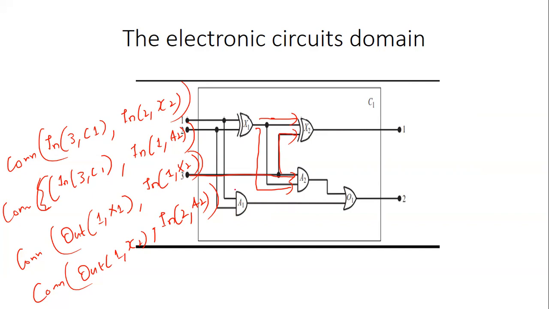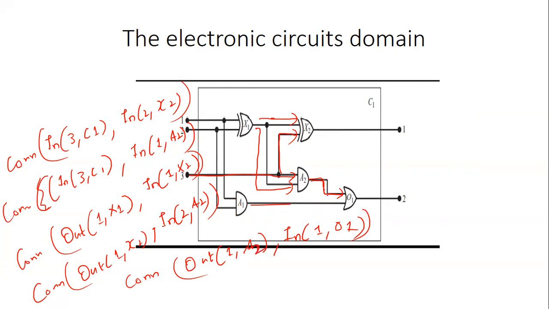This A1 part we already finished. Then the first output of A1 goes as the first input of O1. So the first output of A1 is nothing but the first input of O1. So this is connected. Okay. Then what? This is A2.